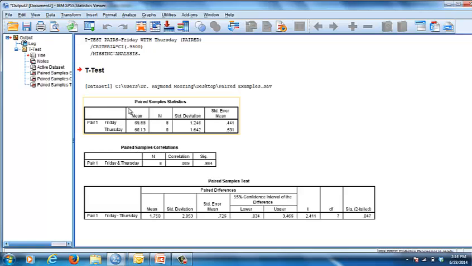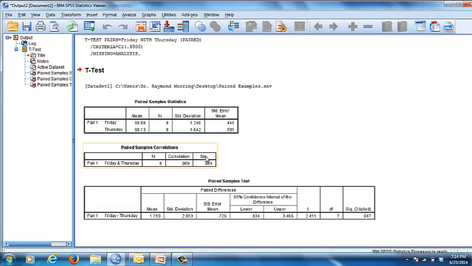It tells me in the paired sample statistics, this is what my mean was for Friday, 69.88. This is what my mean was for Thursday, 68.13. So at first glance, it looks like it was a 1.5 difference or so, right? They even give you a correlation, which interestingly enough is pretty close to 0. They're not really correlated.